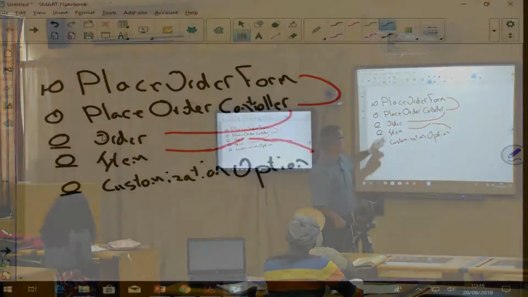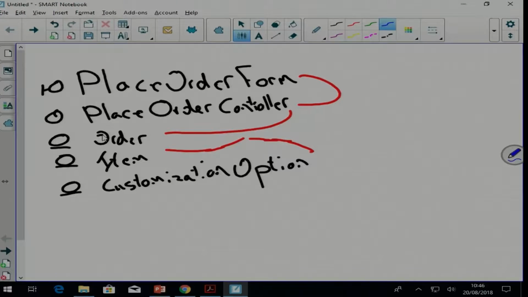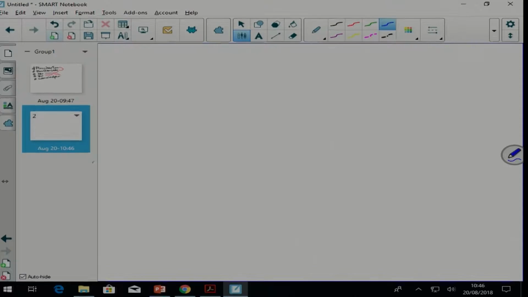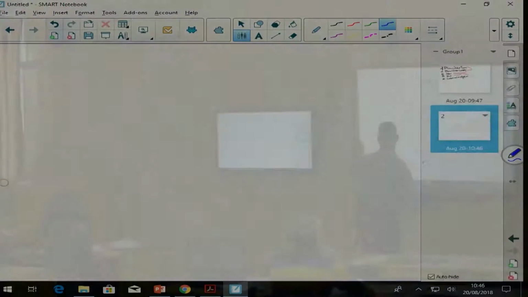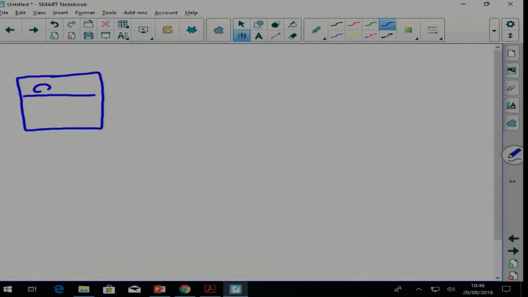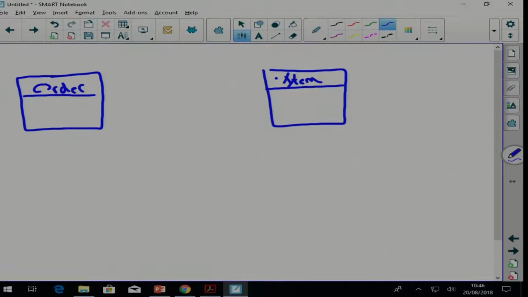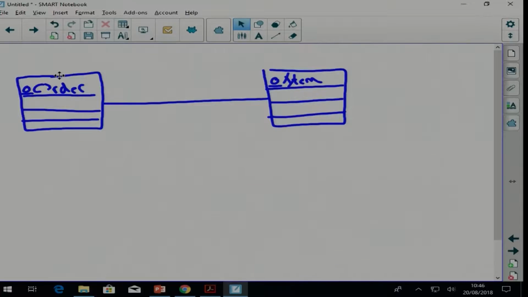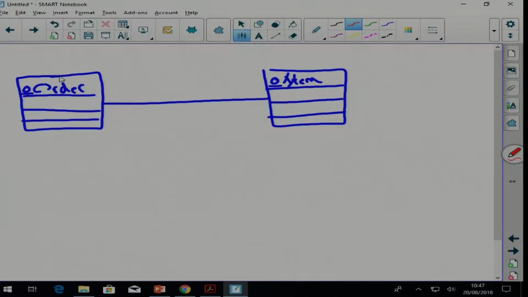Okay. So if we had to look at the multiplicity between order and item, what would that be? If we just look at those two entities quickly, what will be our multiplicity?